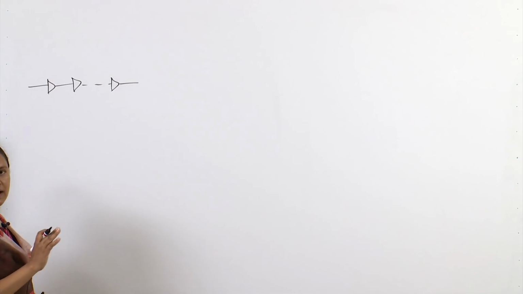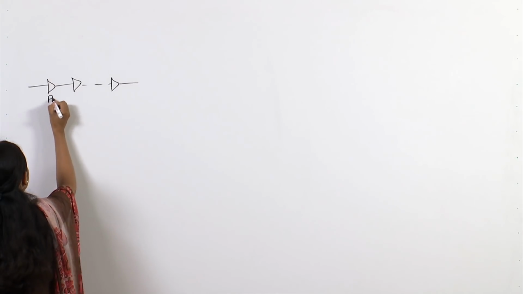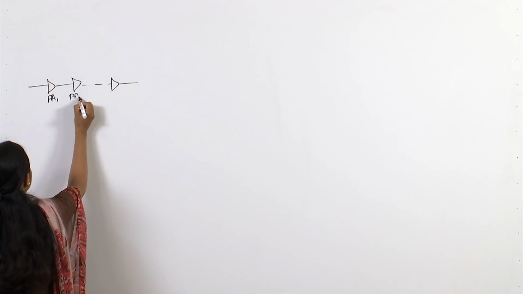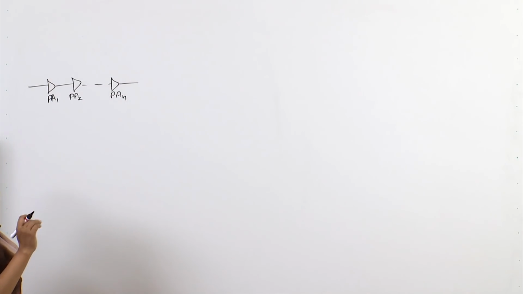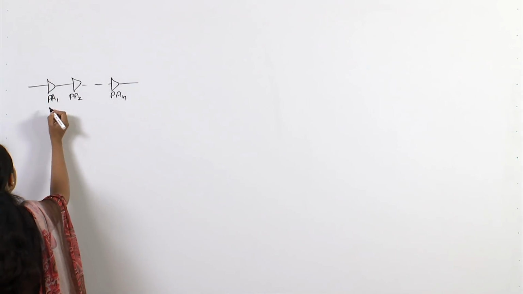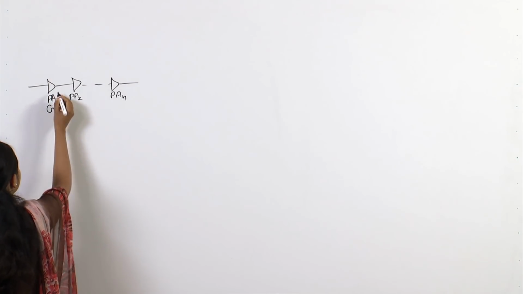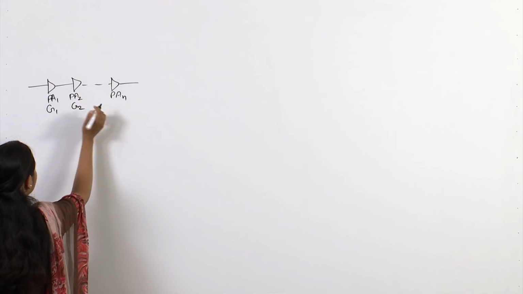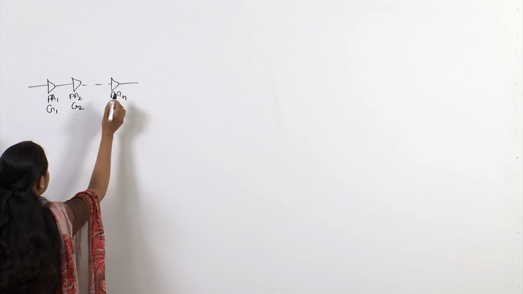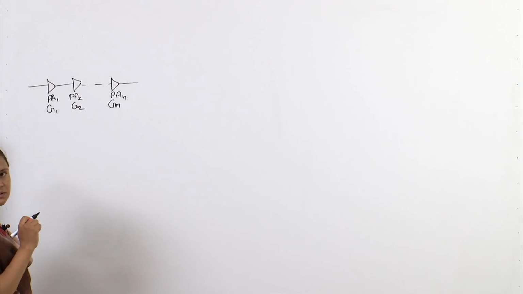Suppose we have n amplifiers and each of them has a gain of G. So, G1 is representing the gain of the first amplifier, G2 of the second, and Gn is the gain of the last stage.